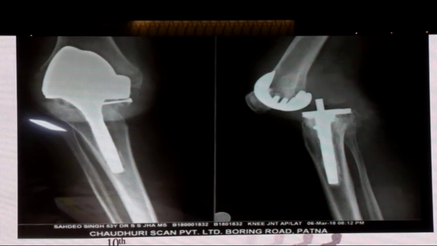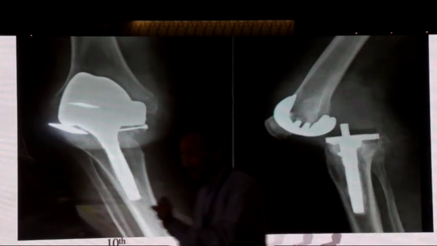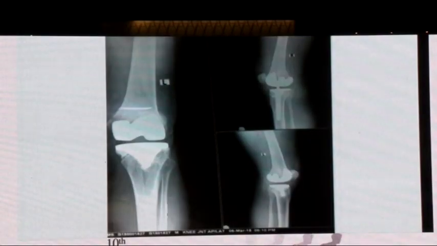But here also the patient refuses to be operated again, and he says that he is otherwise very stable if it does not relocate. When it is not relocated and auto-reduced, the patient is walking comfortably.